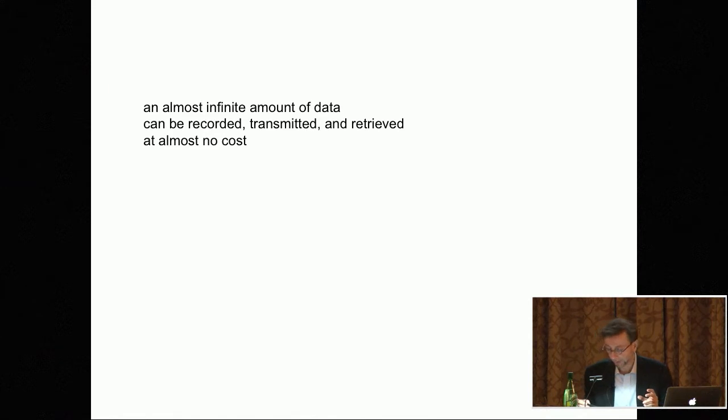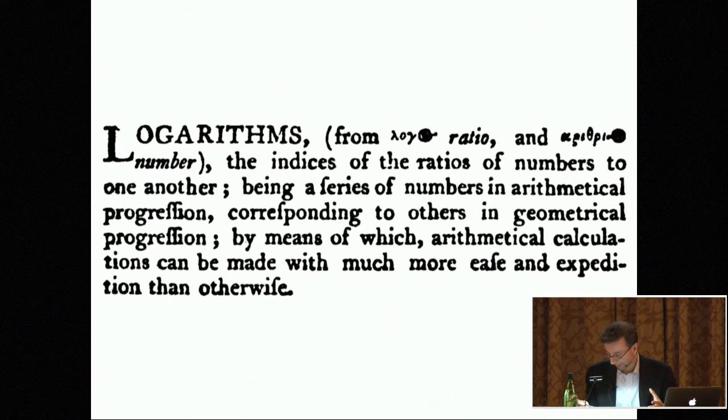Think of one of the most ingenious inventions of Baroque mathematics: logarithms, which translate big numbers into small numbers. And crucially, they translate the multiplication of two big numbers into the addition of two small numbers.